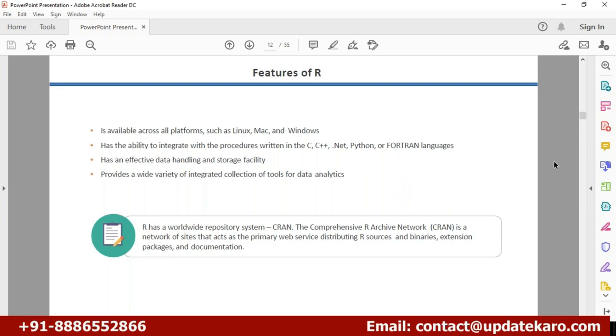So it can handle data efficiently, effectively, and store it in a very easy way. It provides a wide variety of integrated tools for data analytics.